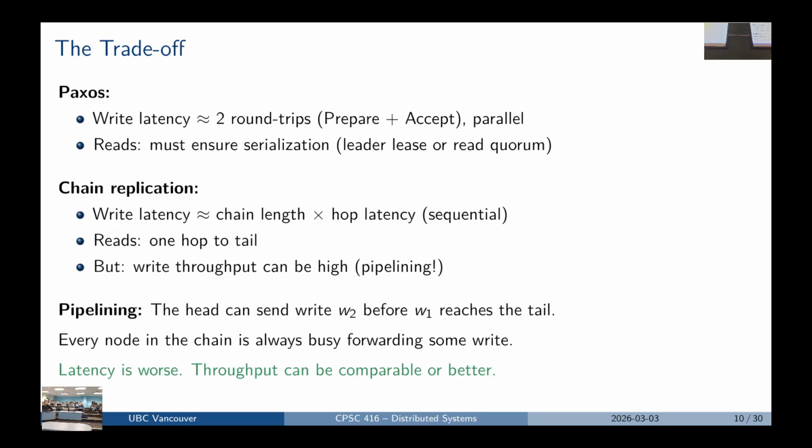The write throughput is in fact quite high because of the pipelining. So reads are fast. The write latency is higher, but the write throughput is actually quite good. So if you have high sustained write loads, chain replication could be a good choice.